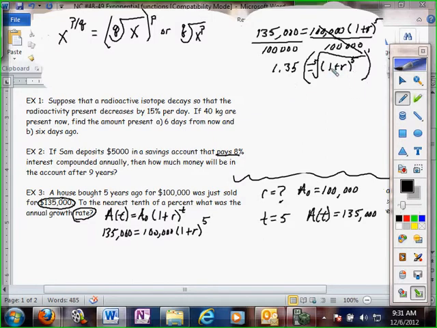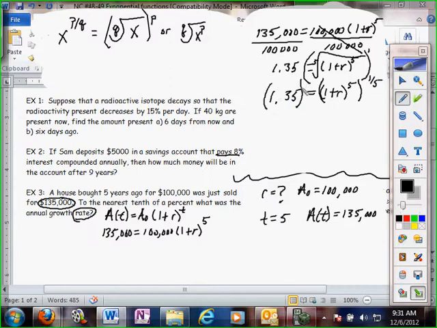Therefore, if I have 1.35 equals 1 plus r to the fifth power, and I want to take the fifth root of it, that's the same thing as saying I want to raise each side to the power of 1/5.